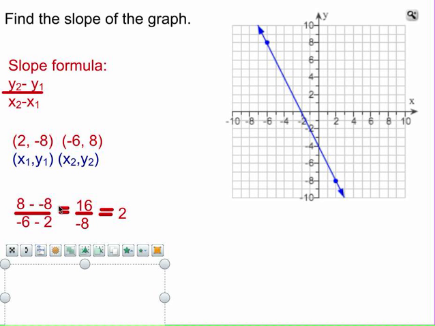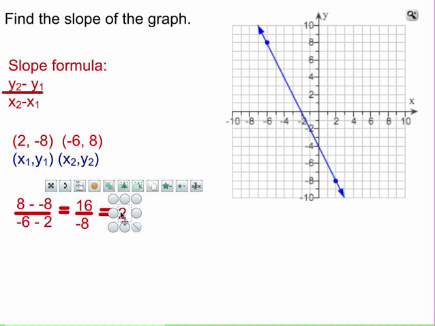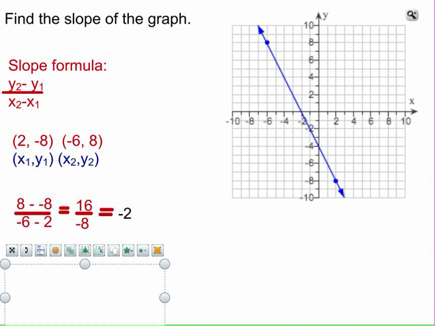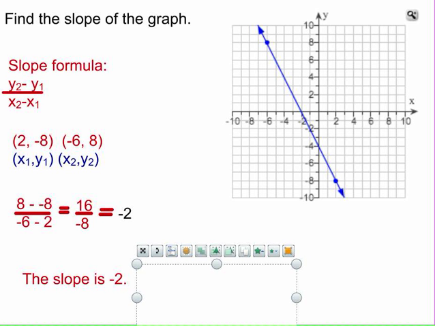When we subtract 8 minus a -8, we get 16. -6 minus 2 gives us a -8. 16 over negative 8 will give us a negative 2. And don't forget your negative signs. So the slope of this particular line is negative 2.